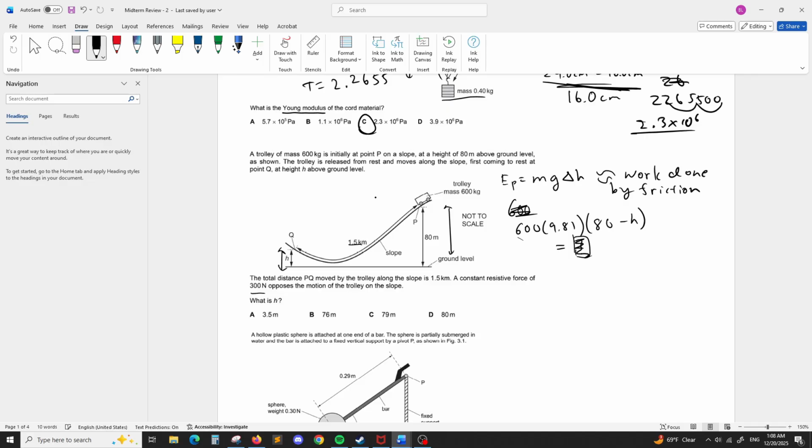So this question mark is not going to be here. It's going to be 300 multiplied by 1.5 times 1,000, because you have to convert 1.5 kilometers to meters. And then you have to solve this equation. I don't think there's a function on the calculator that solves. Oh wait, there is one. If you have the TI-30X Pro, you can hit second and then num solve, and then you can just enter in your equation.